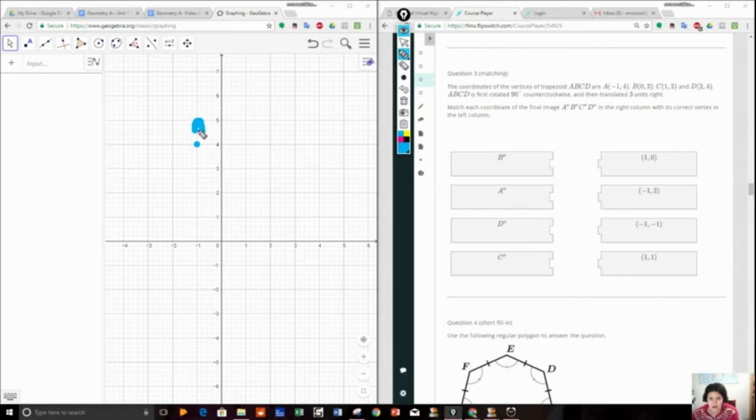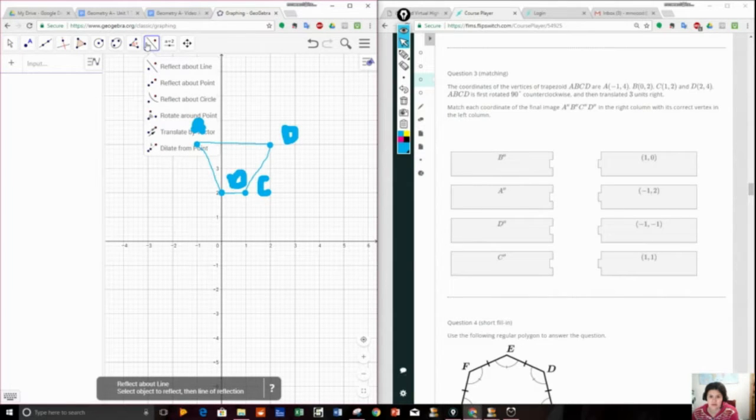There's A. B is at 0, 2. C is at 1, 2. And D is at 2, 4. So the trapezoid here is formed right here. Now it wants us to rotate it 90 degrees.